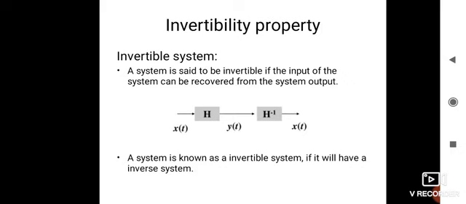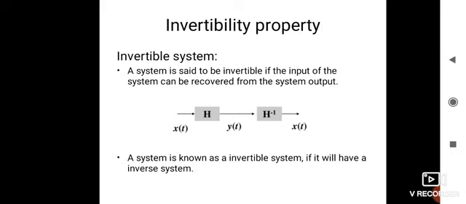So first I give the input x(t), it is multiplied by 3, that is the invertible system, and I get the output 3x(t). Now this 3x(t) is given to the second system, which is the inverse system, multiplied with 1/3, and I get the output x(t). So this is also known as the identity system. The cascading of an invertible system and its inverse system is equivalent to the identity system.